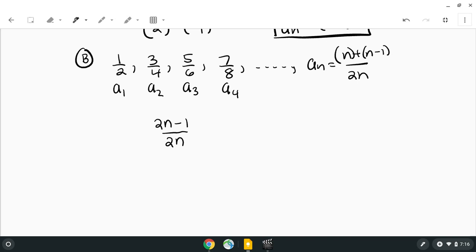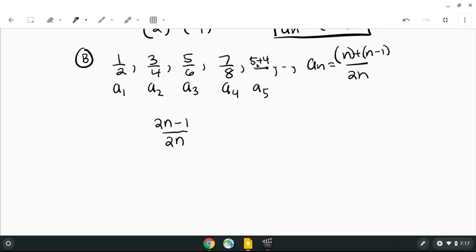So here, let's just do the fifth term so you can kind of see it. So the fifth term, I would be doing 5 plus 4 on the top. 5, because it's the fifth term, plus the number before 5, which is 4, okay? And then, of course, 2 times n, which is 10.